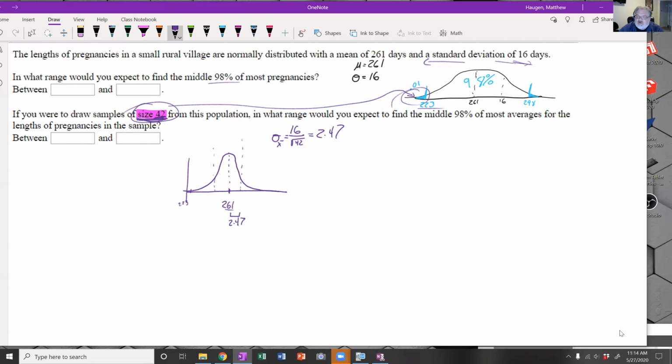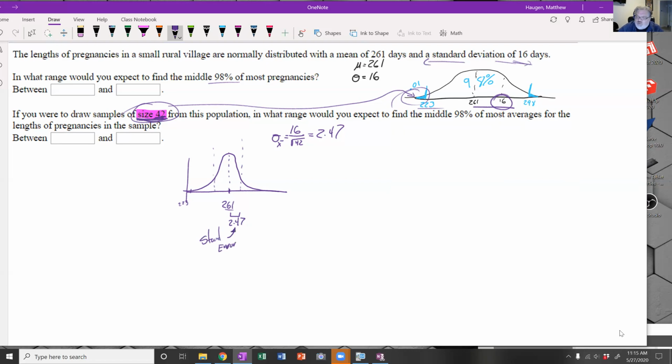So individual pregnancies have a standard deviation of 16 days. Averages of sample size 42 have a standard deviation of 2.47, or more technically, a standard error of 2.47. Remember, this is standard error at this point.